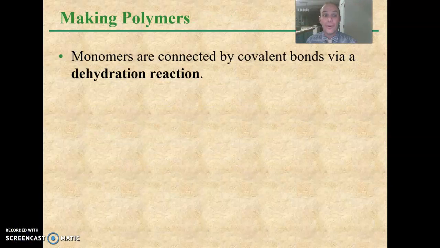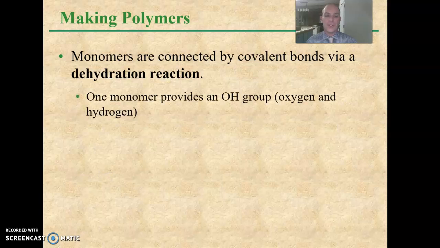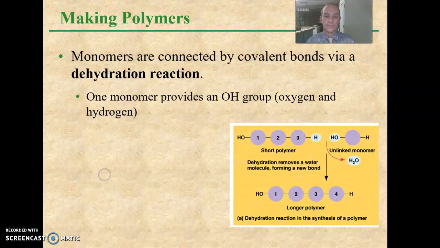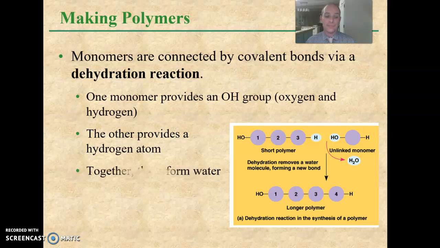Pay attention now. This part's really important. Really, really important. Monomers are connected by covalent bonds via a dehydration reaction. This is on the Keystone every year, just like I'm going to show you. All right? A dehydration reaction means one monomer provides an OH group, which is oxygen and hydrogen, and the other provides a hydrogen atom.